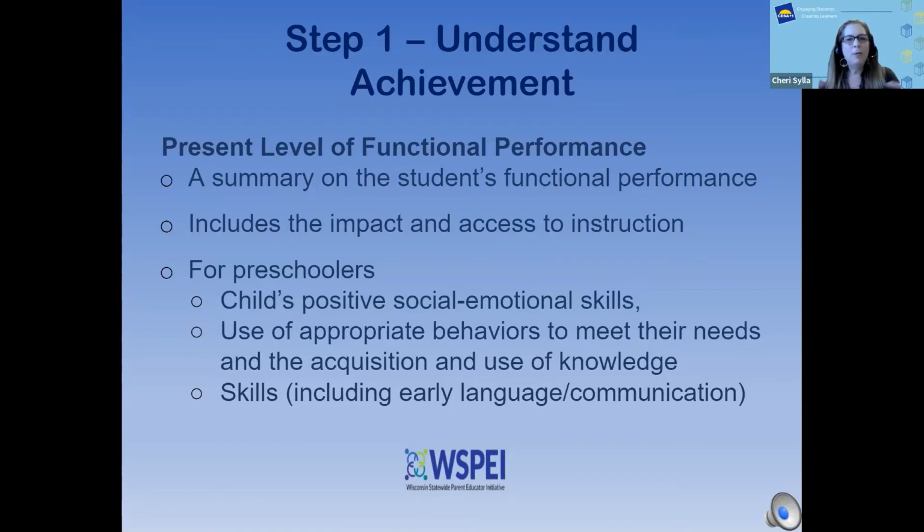So those are all those other types of things that could very well impact a student's access to instruction. And again, for preschoolers, we look at positive social emotional skills. We look at use of appropriate behaviors to meet their needs and acquisition and use of knowledge. And then we also look at skills such as early language and communication.